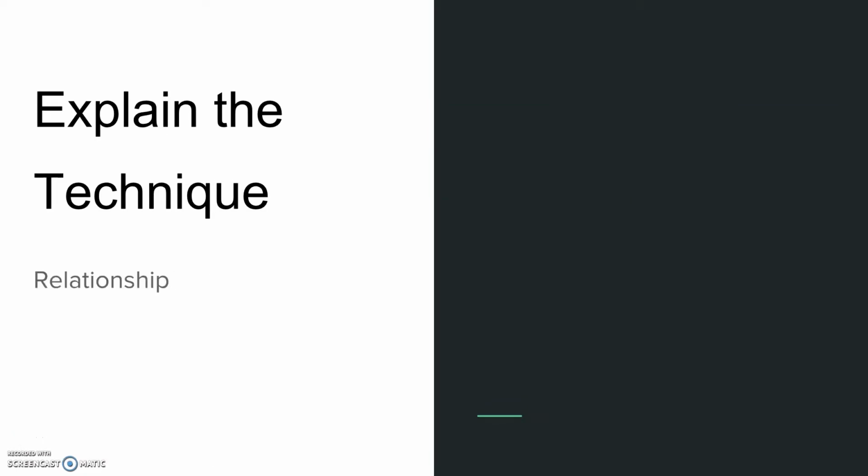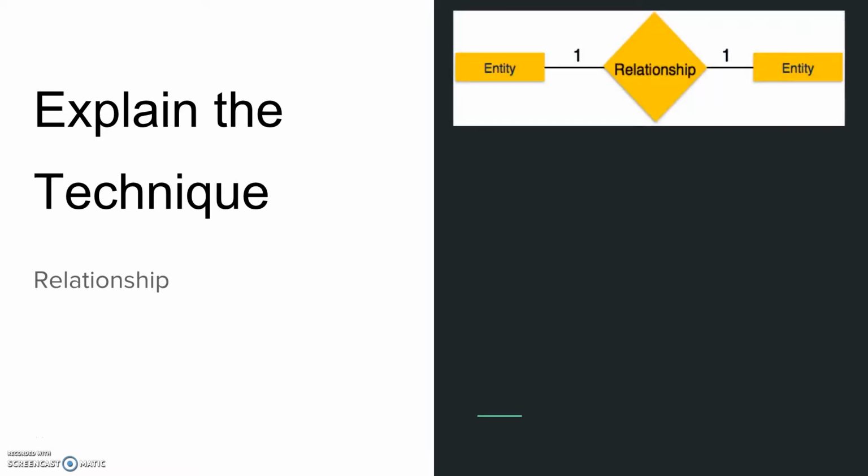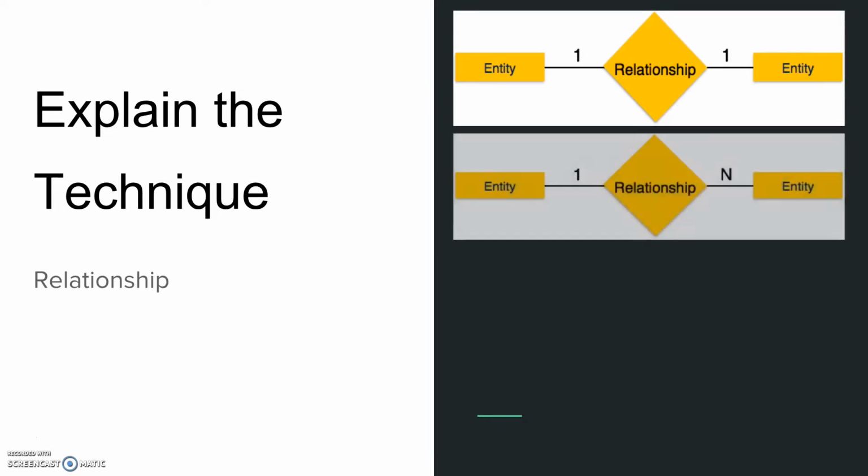The next major component of the ER diagram is the relationships, of which there are 4 types. The first one is a one-to-one. When only one instance of an entity is associated with the relationship, it is marked as a one-to-one. The second is one-to-many. When more than one instance of an entity is associated with a relationship, it is marked as 1-to-n.